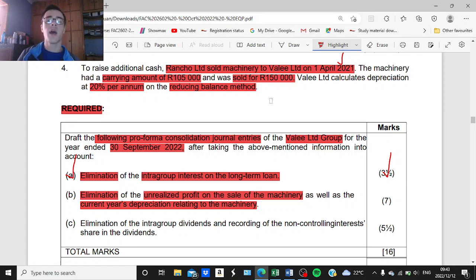Once you have calculated that, you need to take the amount you have just calculated and subtract it from the unrealized profit when you are calculating the current year's unrealized depreciation. That is the importance of the reducing balance method. If you are using the straight line method, you just calculate unrealized depreciation right from the date of sale until the end of this year, using the unrealized profit or loss amount.